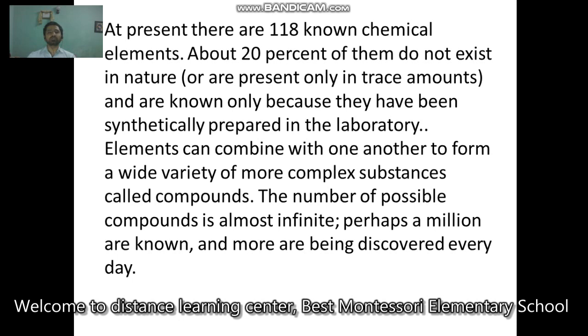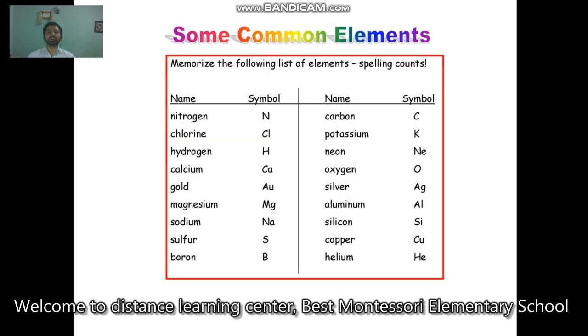Now moving on to some basic elements. Here are some of the common elements: nitrogen, chlorine, hydrogen, calcium, gold, magnesium, sodium, sulfur, boron, carbon, potassium, neon, oxygen, silver, aluminum, silicon, copper, helium. There are many more. Among 118, I have listed here some very common elements that are found around us.